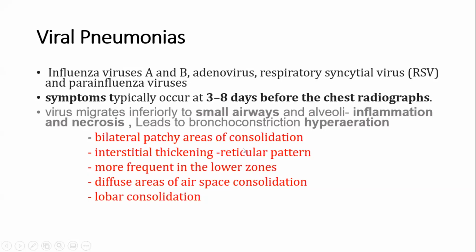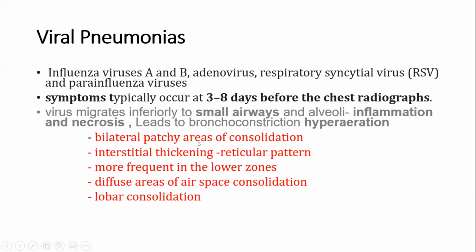appearances in viral pneumonias. What happens usually is that the virus migrates distally and the inflammation is in the distal bronchioles and in the alveoli. So there is inflammation and air trapping causing hyperinflation of the lungs. Usually there are bilateral changes. The commonest finding, they say, is a reticular pattern in the lung bases, usually bilateral.